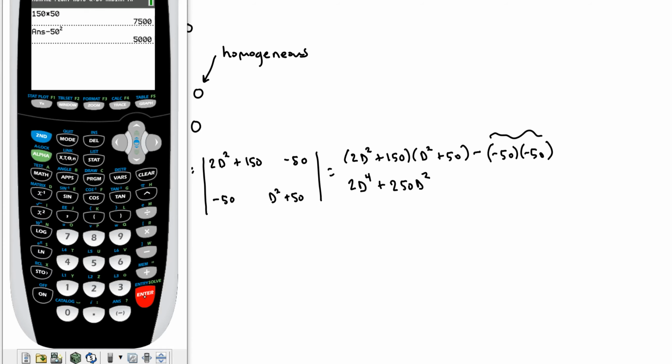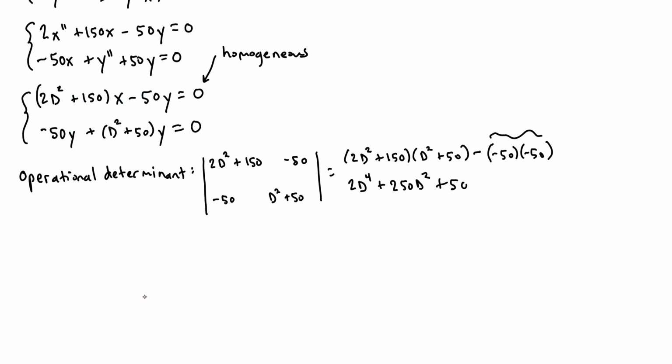And our net result is plus 5,000. Okay, that is our operational determinant, and this will be applied to both x and y. So we have 2D to the fourth plus 250D squared plus 5,000 times x equals, remember, the determinant on the right, because it's homogeneous, will be 0.